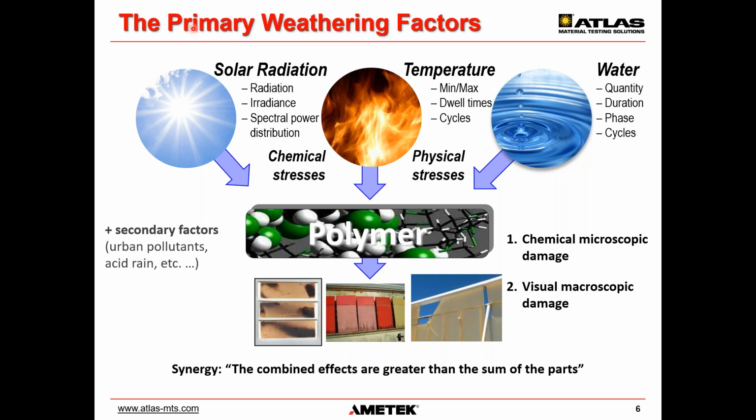They also contribute to the degradation of materials, but in artificial weathering, we typically need to reduce the stress factors to the primary weathering factors, because on the one side it becomes too complicated, and those secondary weathering factors are sometimes hard to simulate. To be realistic, they should be included, but again, it becomes a little bit complicated.